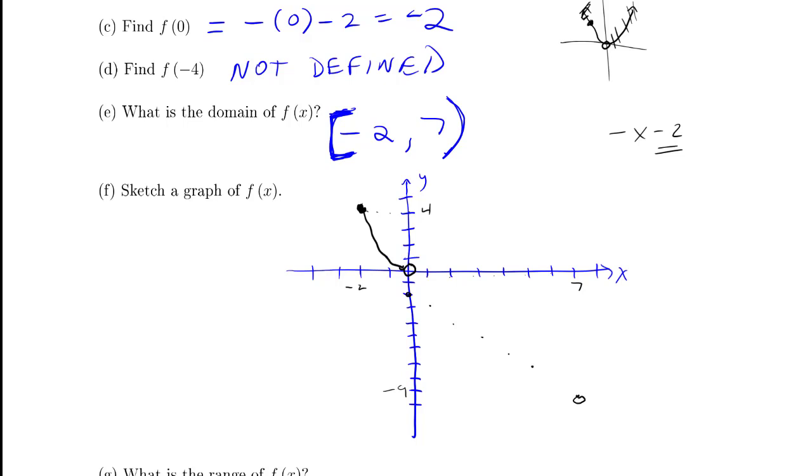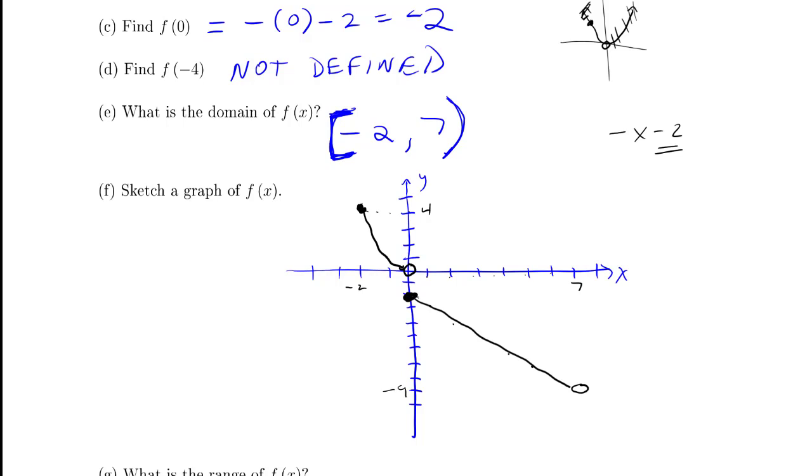So I'm actually just going to get that piece right there. It did include 0, so dark, fill that circle in. It didn't include 7, so that one's open. I want to make sure that looks open. Okay, so that would be the graph of the piecewise function.